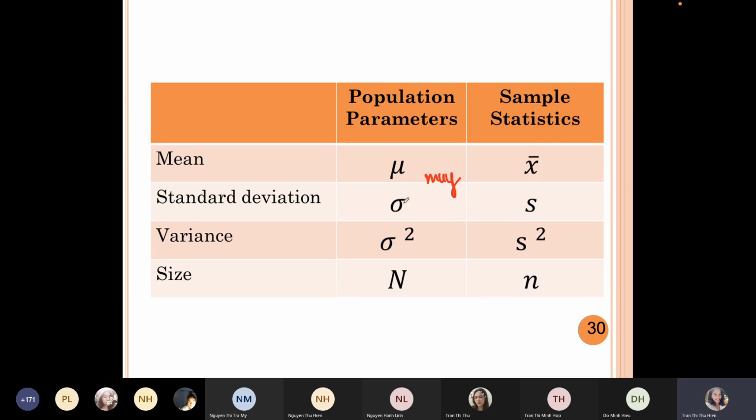For the standard deviation it is sigma, but for the sample it is just s. For the variance it is sigma squared, but for the sample statistic it is s squared. For the size, the population is capital N. For the sample, the smaller group, it is little n. Okay, you have 1 more minute.